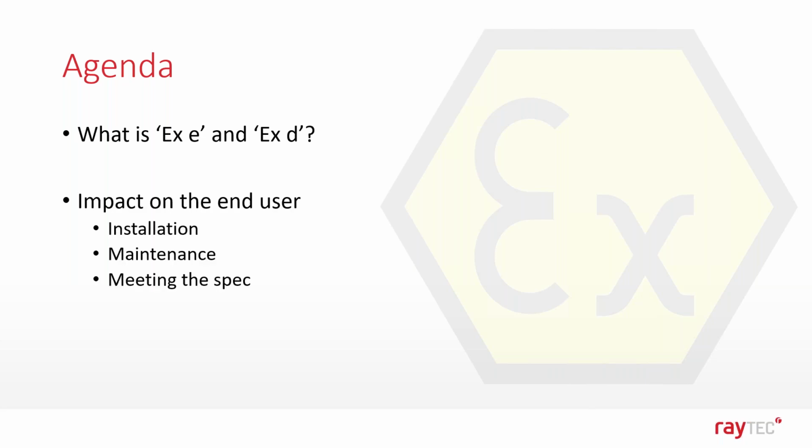Then we'll look at how the choice of these protection methods impacts the end user and how easy it is to install, maintain, and meet the required specification of your luminaire. Finally, we'll have a Q&A session, as Callum alluded to. If you have any questions as we go along, please simply type them into the questions tab, which is usually on the right-hand side of the screen with GoToWebinar, and we will try our best to answer them all today.